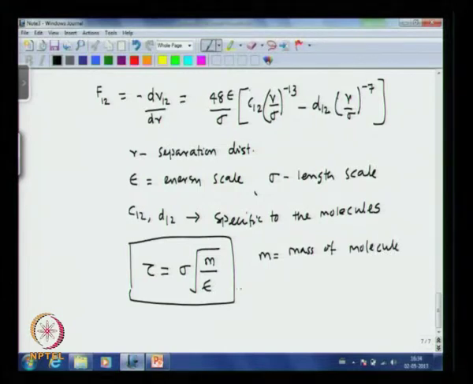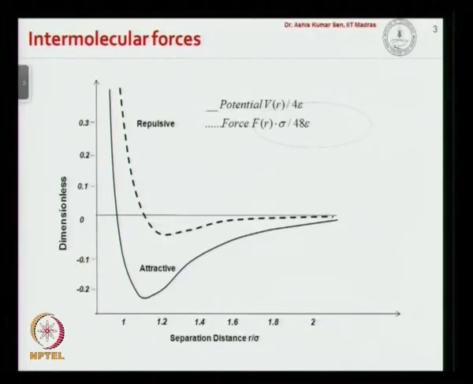So, when the time scale is tau, then the Lennard-Jones potential can be used to find out the force between two molecules. Okay. So, let us see how the force and the potential vary with separation distance.